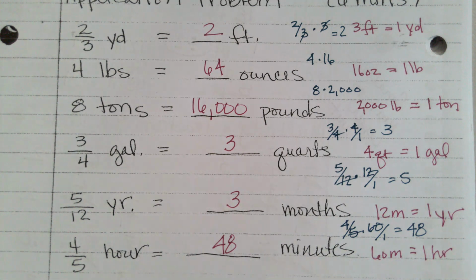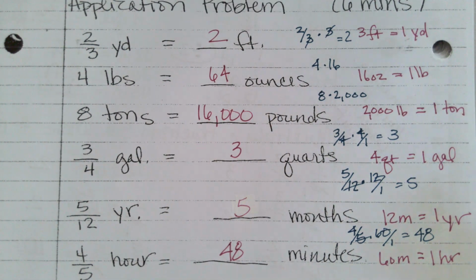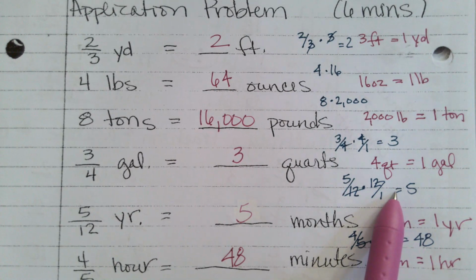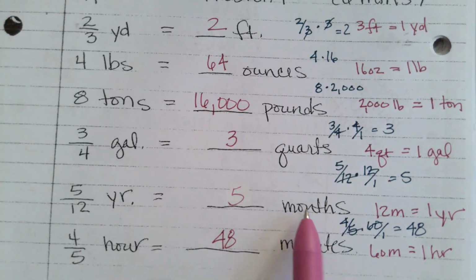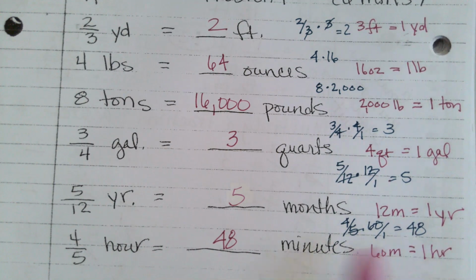Sorry, it should be 5. 5 months. Hold on, let me fix it. There we go. I must have been looking at something else when I wrote that down since I just solved it right here. So 5 months. Then we have 5/4 times 60, cross cancel. 4 times 12 is 48 minutes.